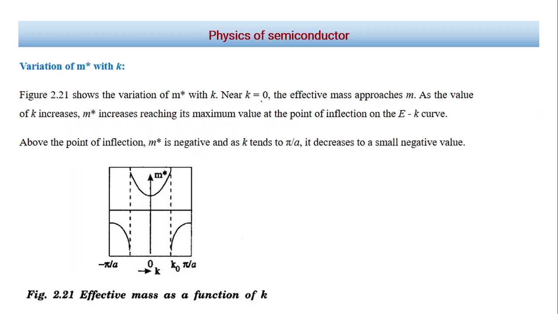When k, the wave vector, is 0, the effective mass of the electron approaches the actual mass m, but as the value of k increases, it reaches a maximum value, and then even further increase leads to effective mass being negative. So this is how, from the energy-k diagram, we get how the effective mass of an electron changes in a lattice.